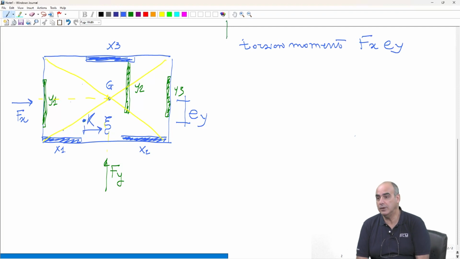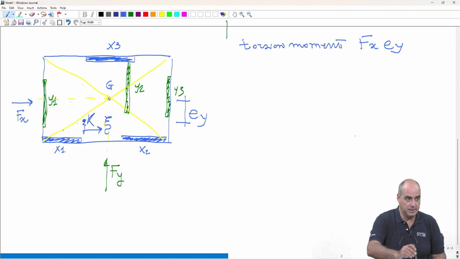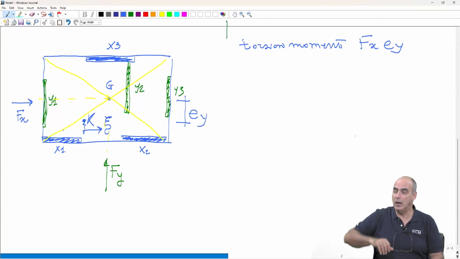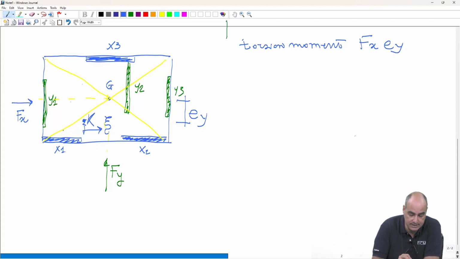And what is the effect of this torsion moment? Pinning about this point here, your floor rigidly rotates about a vertical axis. So you can say that there is a rigid rotation here of an angle phi.